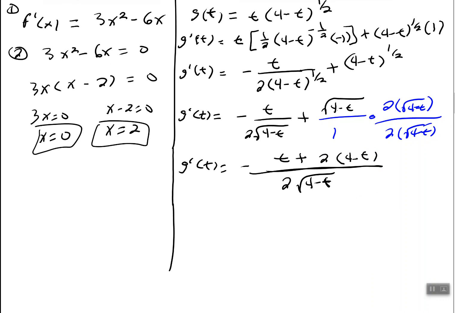Then we can simplify the numerator, distributive property, and combine like terms. So if I use my distributive property, that will give me 8 minus 2t, and negative 2t and negative 1t here will give me negative 3t plus 8.